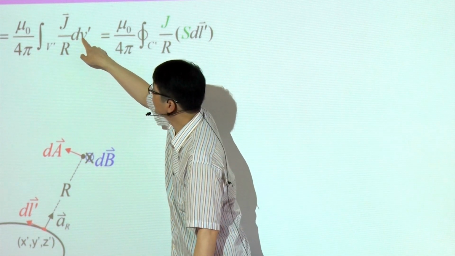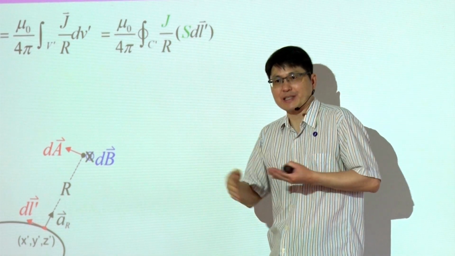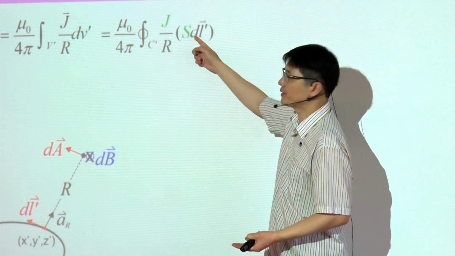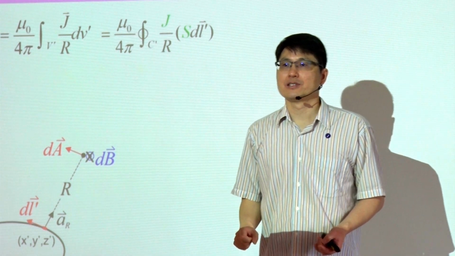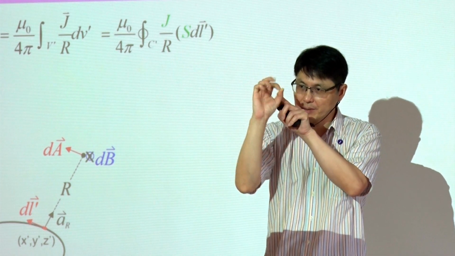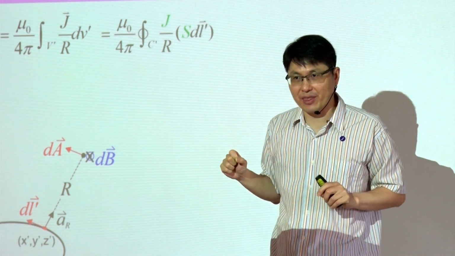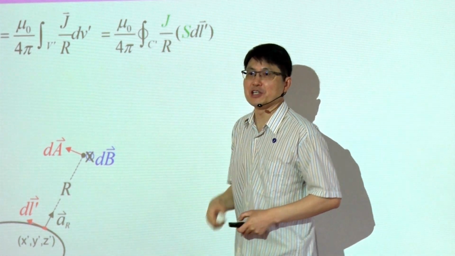So this volume integration can be written as the surface, which can be viewed as a constant, times the differential length. So the differential volume is the area multiplied by the differential length. So J times S is equal to what?